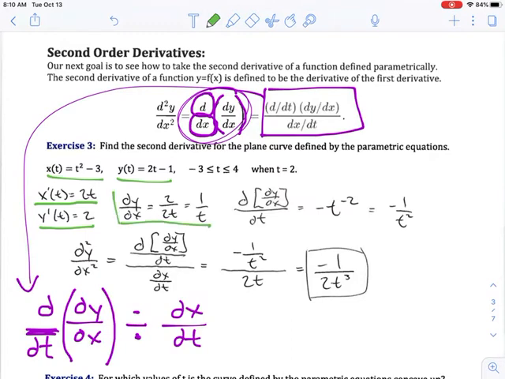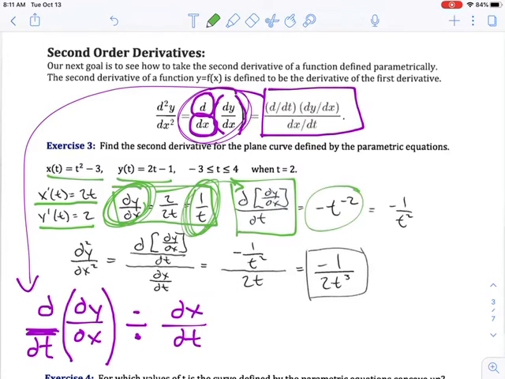We've done this a couple of times now, and we end up with 1 over t. And now here comes the new part. This is finding the second derivative. We want to find the derivative of dy/dx with respect to t.